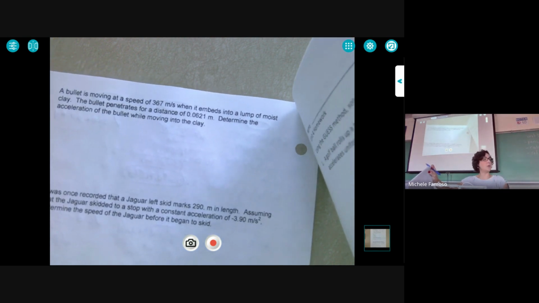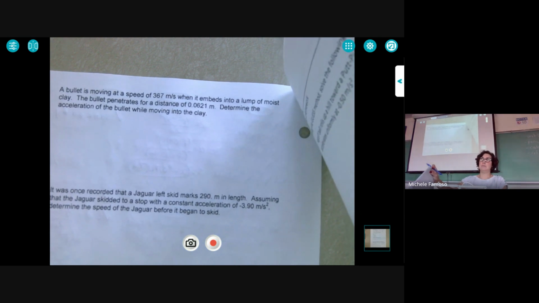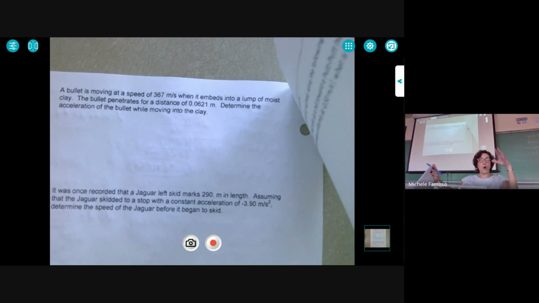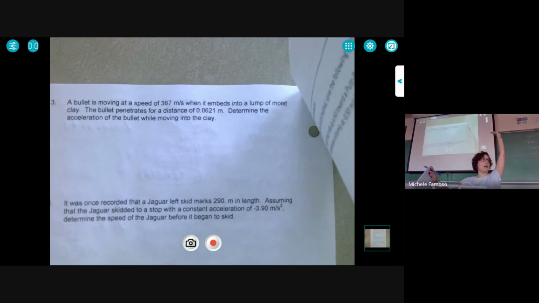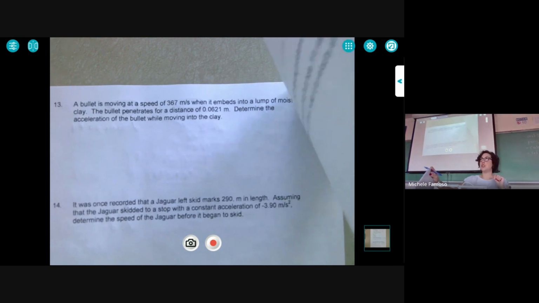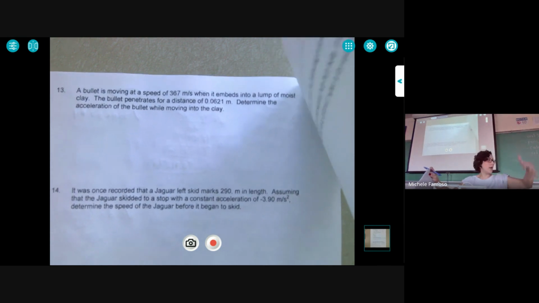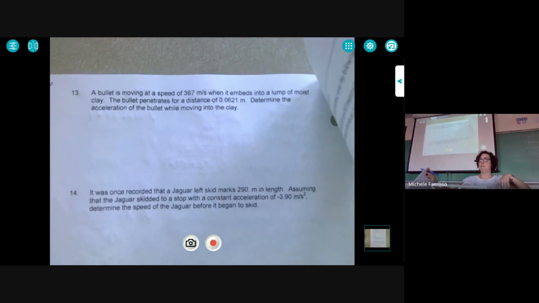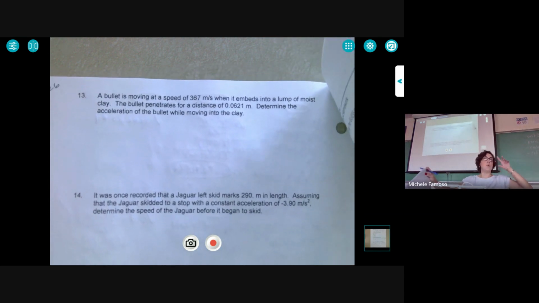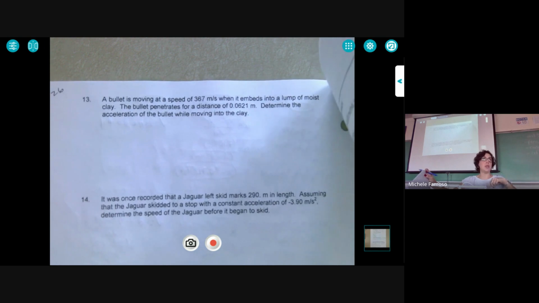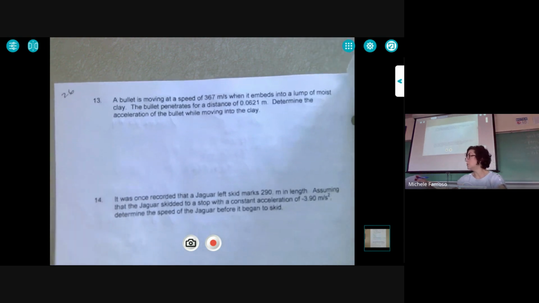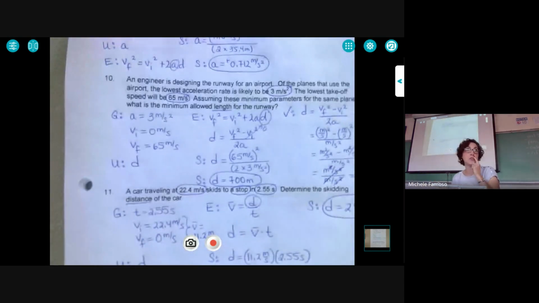Each group is going to start with a different question. And once you have finished that question, you're going to raise your hand and I'm going to come over and check your work. You're going to work as a group to get that question done. All right. Once you have finished that question, I want you to go do the others. There's 5 there total. So you can, again, work as a group to get the others done.